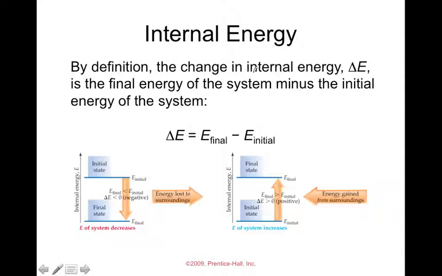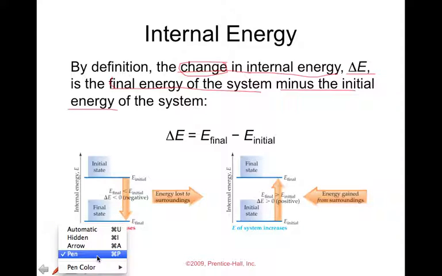So internal energy, or delta E, because you're changing that energy, is the final energy of the system minus the initial energy of the system. Anytime that you talk about a change in something, it always means final minus initial.